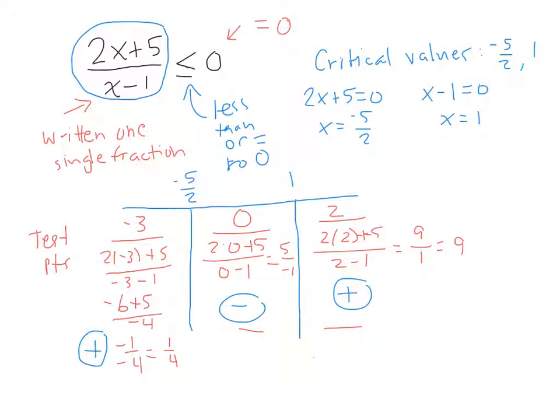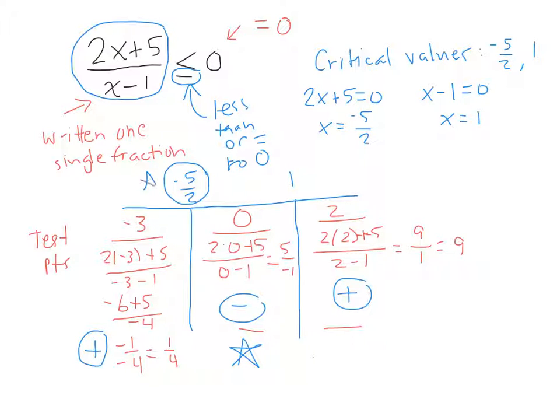So we're looking for the ones that are going to be negative, which are the only ones in the 3 intervals that we checked that give us negative values. And then, since it said it could also equal 0, when is it going to actually equal 0? Well, that's when your numerator is 0. So when our x value is negative 5/2, that will also make it equal to 0.